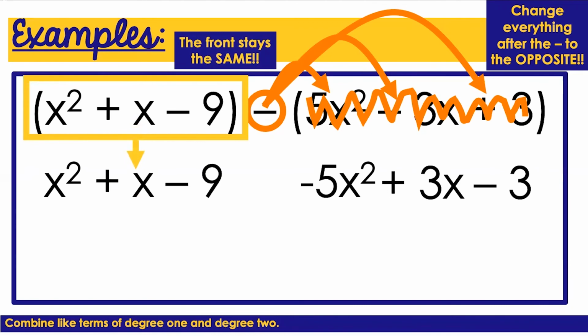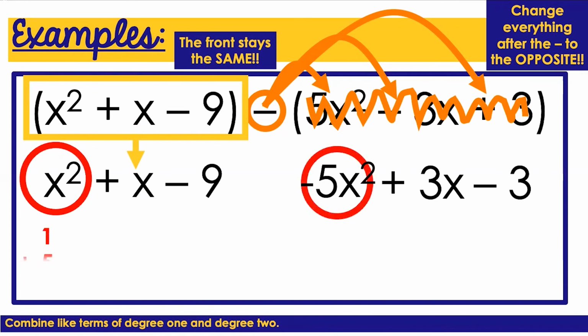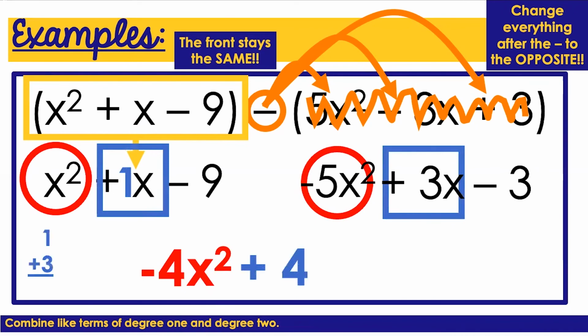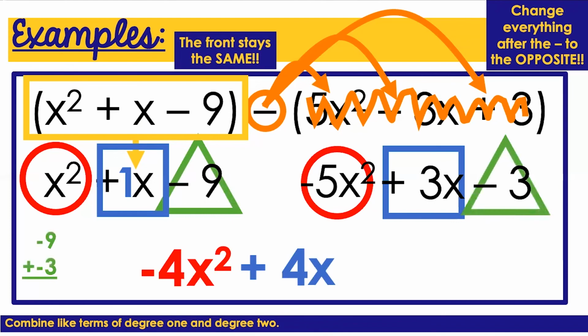And then now we can combine like terms just like we've been doing. x squared combines with -5x squared, and it gives us a -4x squared. We're going to combine the plus x with the plus 3x, and that is going to give us a positive 4x. And the constants at the end, -9 and -3, combine those.